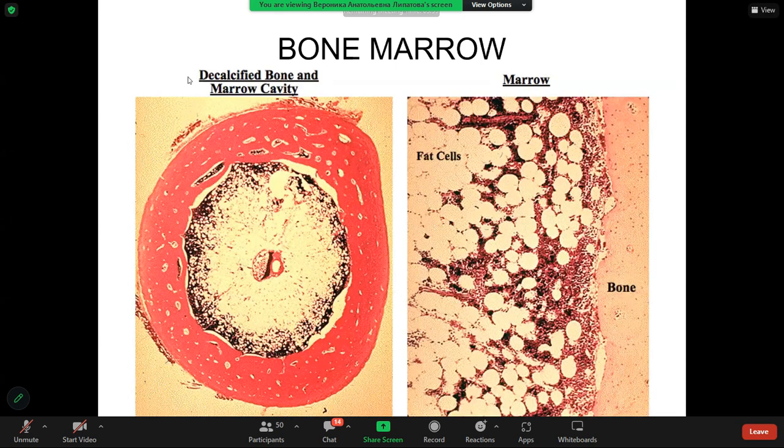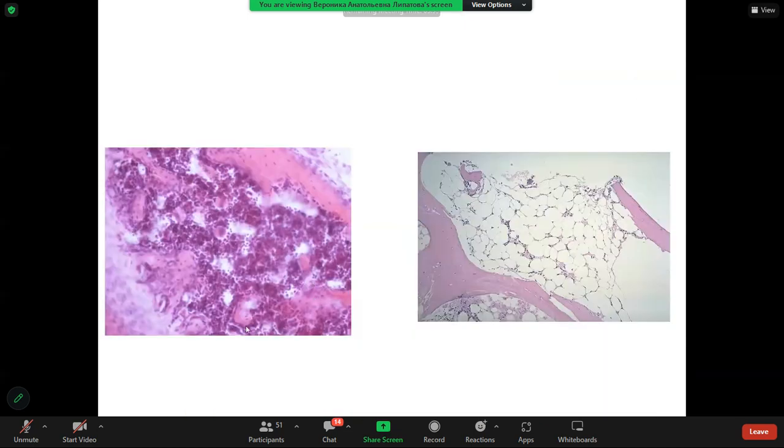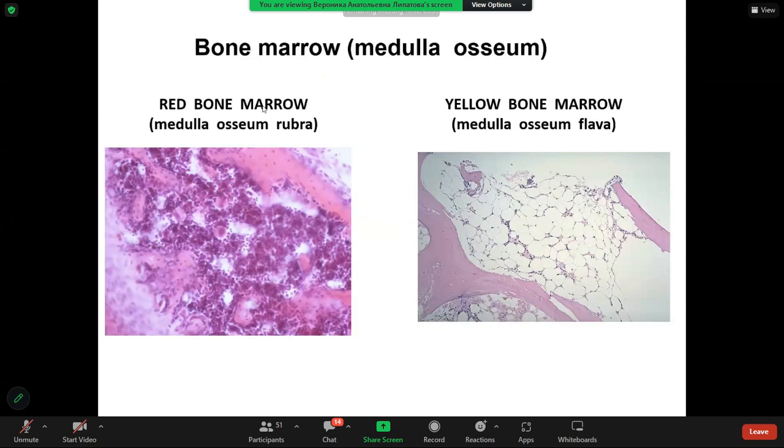Here is the cross section of bone, and you see decalcified bone here, and the location of red bone marrow in here. This is red bone marrow or medulla ossium rubra, and yellow bone marrow.